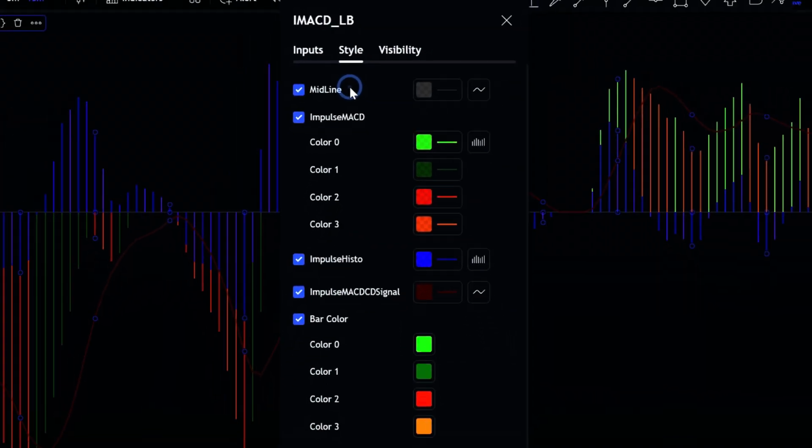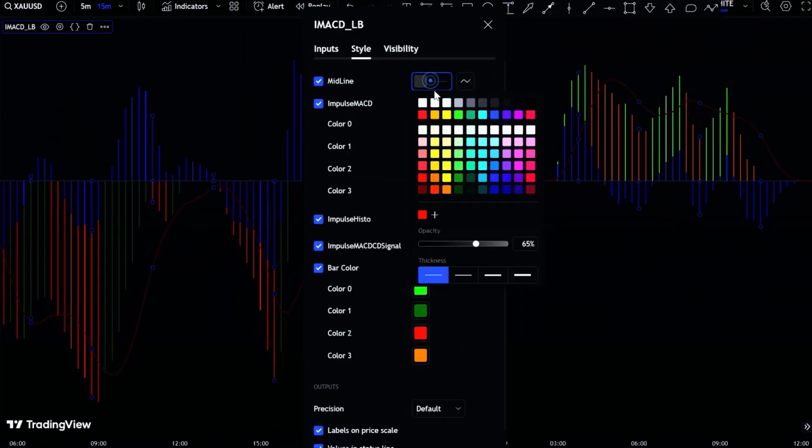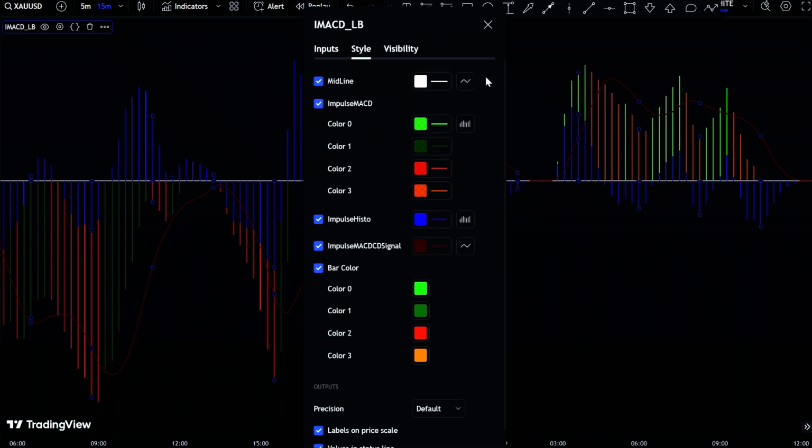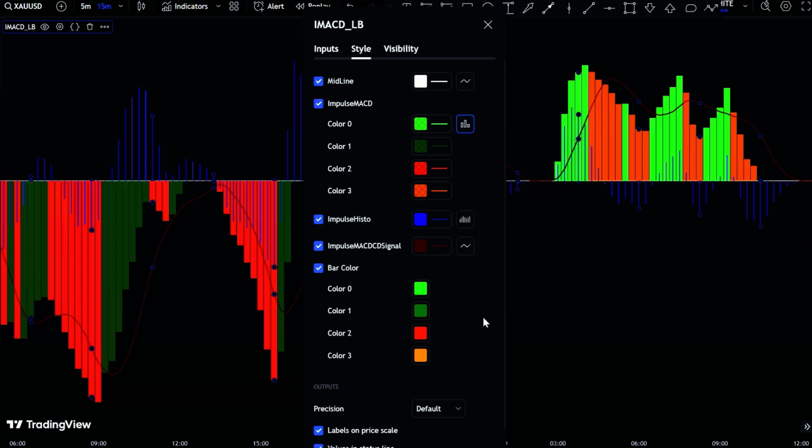Next, jump into the Style tab and make the midline stand out on the chart. After that, turn those Impulse MACD columns on and pump up the color opacity to 100.